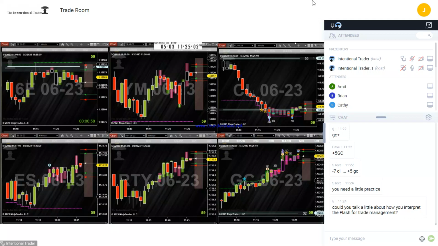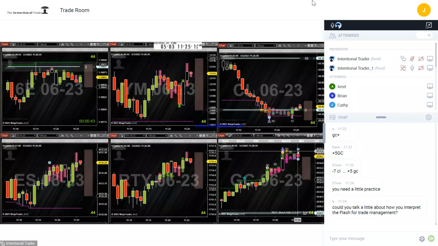I see it faster. My Flash and McDiver are always my favorites because they're my first children, right? So they're my favorites, and then I see the Super D. But I put more emphasis on the Flash and McDiver, and the CCI.